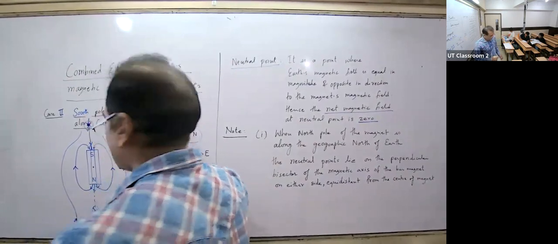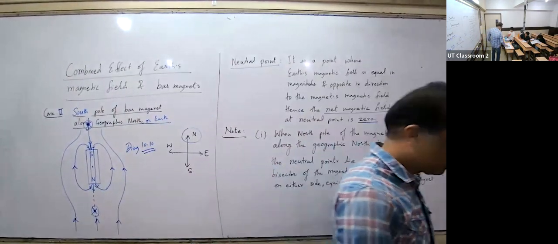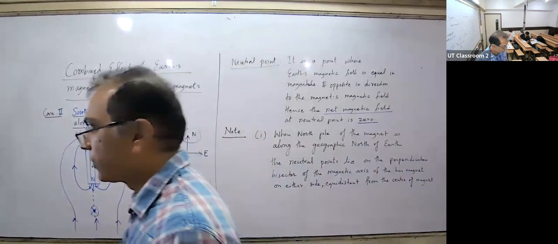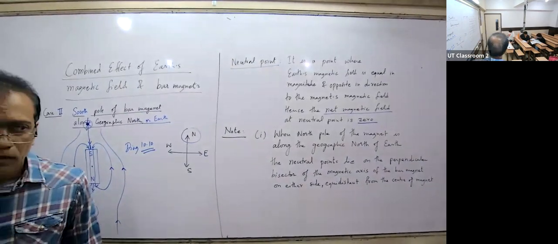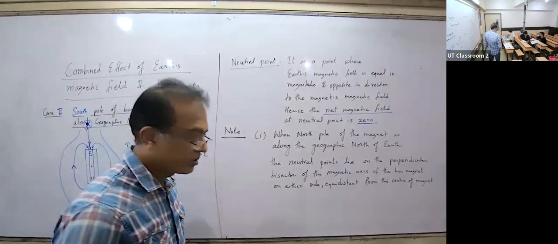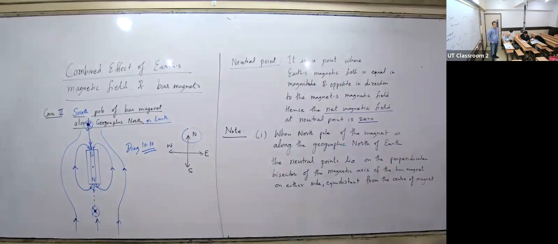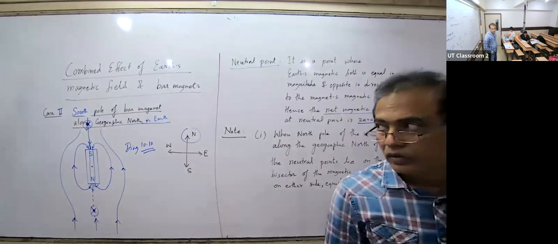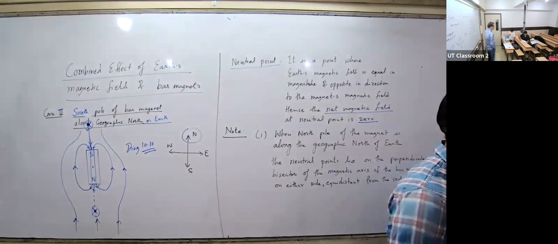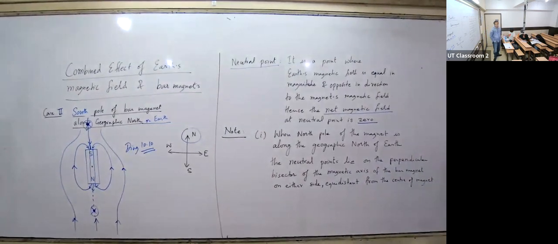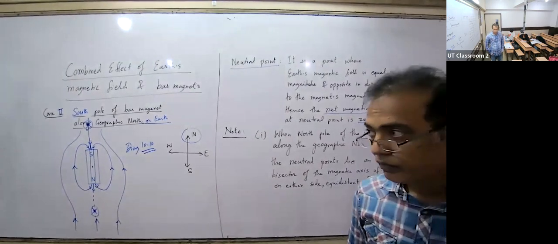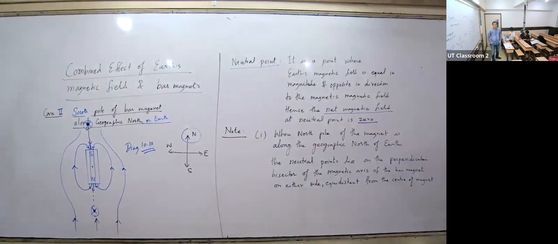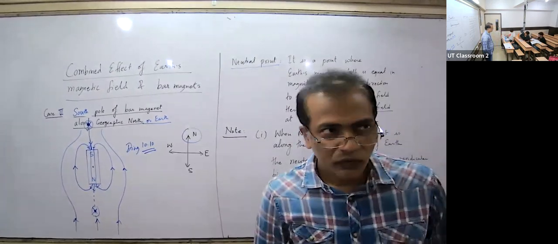In this case, the neutral points will lie on the magnetic axis of the bar magnet on either side from the center of the magnet.